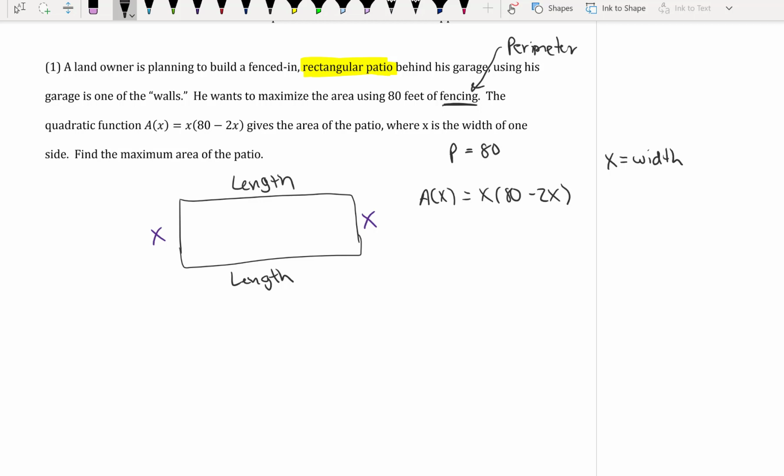So for my area, I can distribute this. My A of x is now equal to 80x minus my 2x squared. And so from here, what I want to do is rewrite this in standard form.